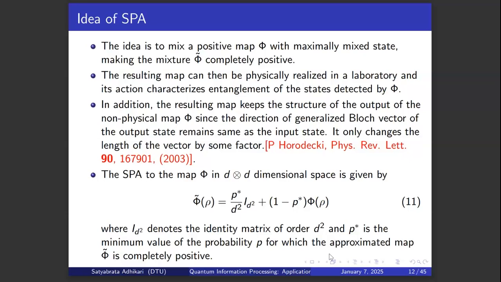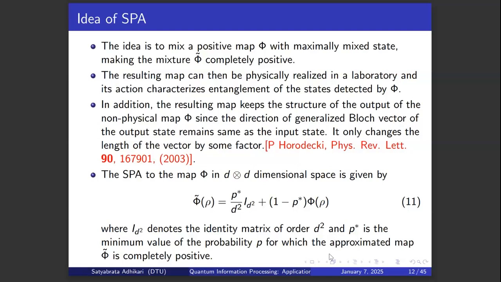The second point is, what would be the interpretation of it? How can we interpret it? If you want to see the interpretation of this equation 11 in terms of eigenvalue, then we can only say that when you are applying SPA, you are performing some transformation, and when you perform some transformation, you get some output.